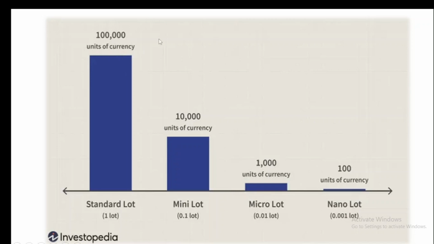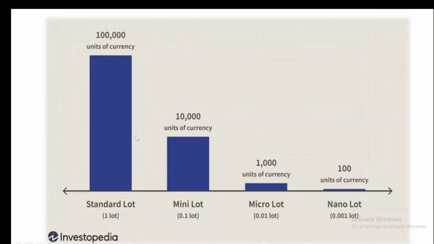So let's say you are trading Euro USD, a standard lot means you'll be buying 100,000 euros. That's the standard lot.